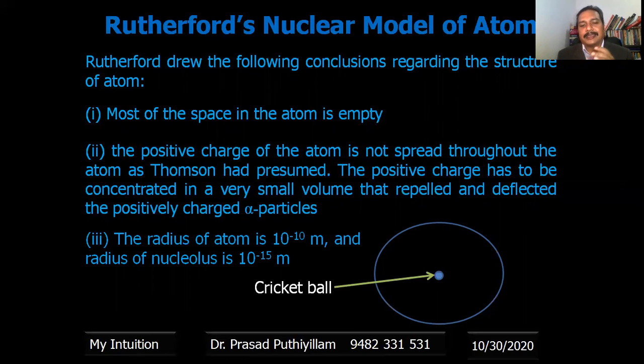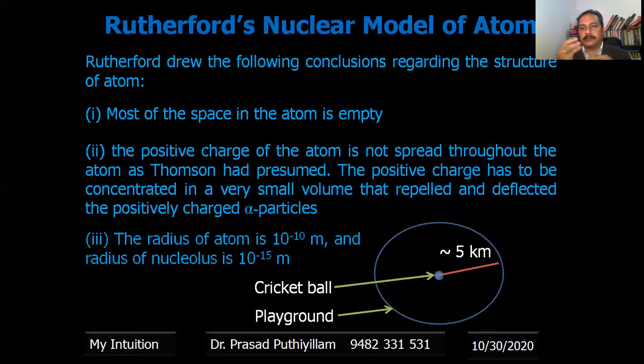Consider the nucleus as a cricket ball, then the atom represents the playground. The radius of the playground will be approximately 5 kilometers. So we can imagine a cricket ball in a stadium of 5 kilometers, and that is the size of the nucleus.